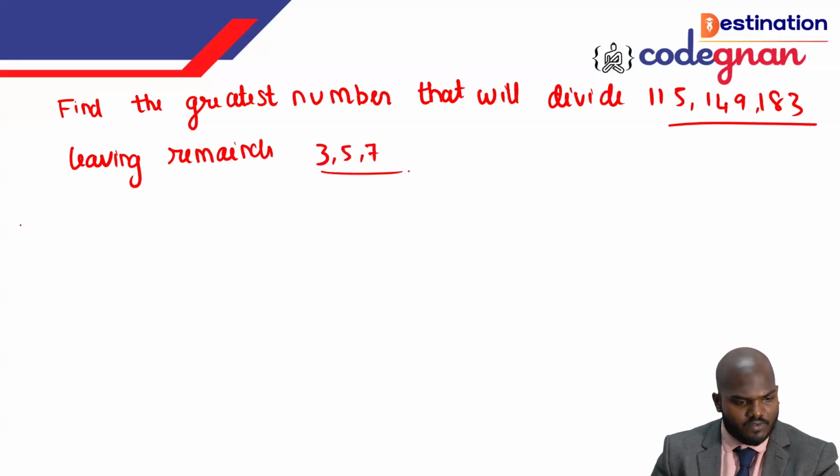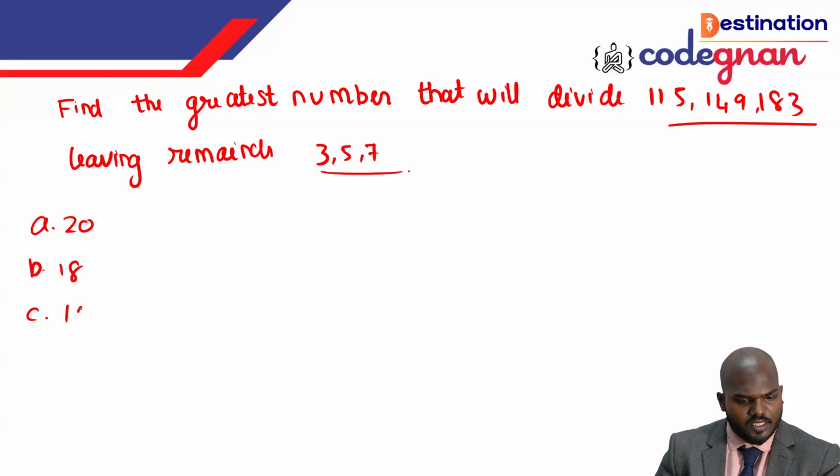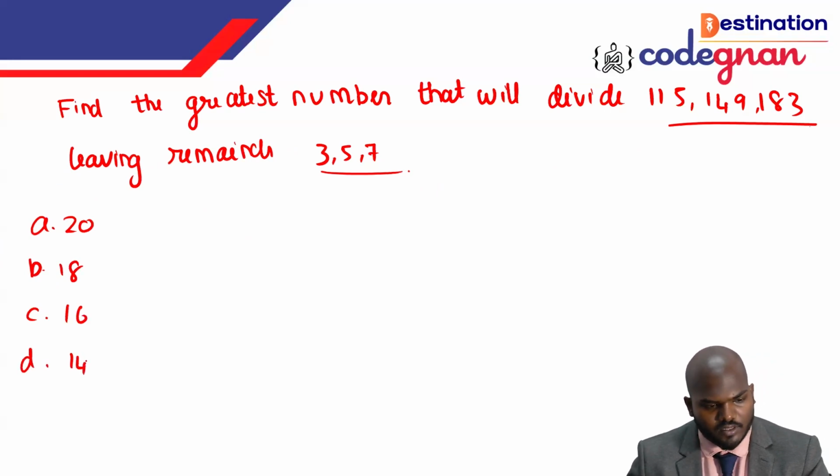The options they have given here are A 20, B 18, C 16, and D 14.